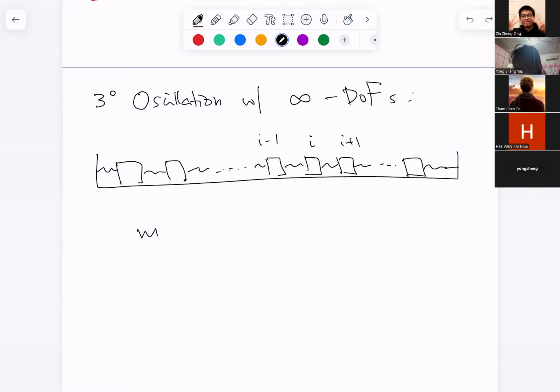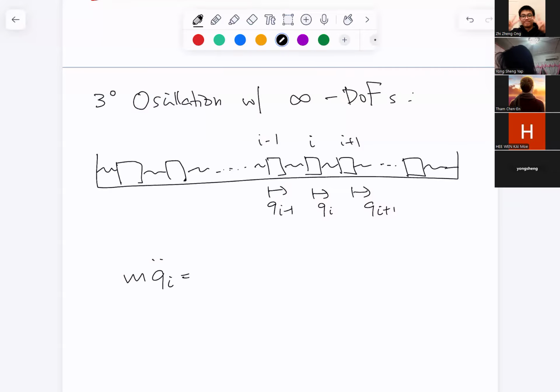Let's say this is Q of i, Q of i plus one, Q of i minus one. So the equation of motion for the ith block is the same as before.